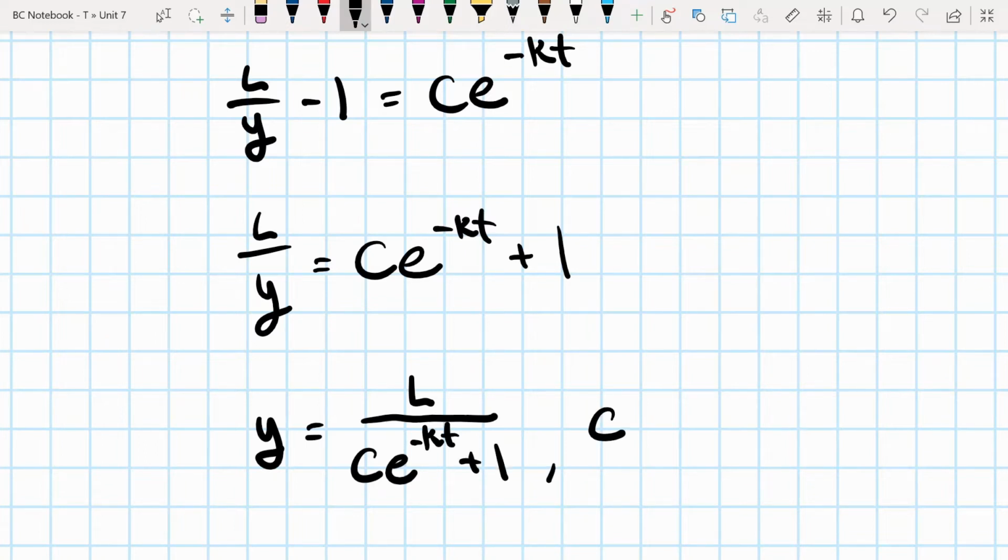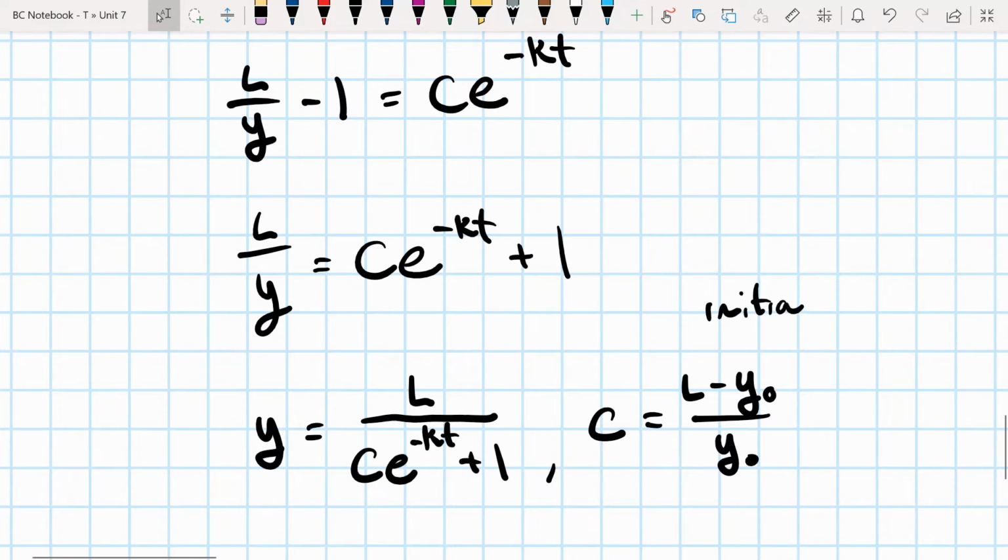where c is defined as, and we can prove this by plugging in 0 for t, L minus y0 over y0. And this is the initial value when t equals 0.